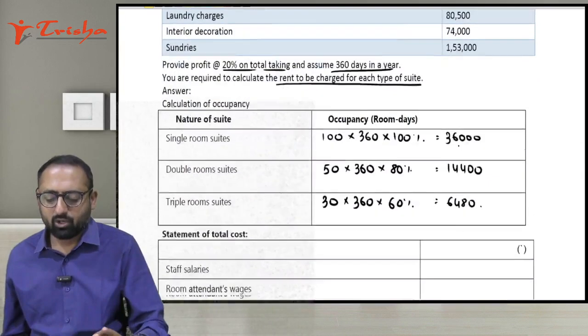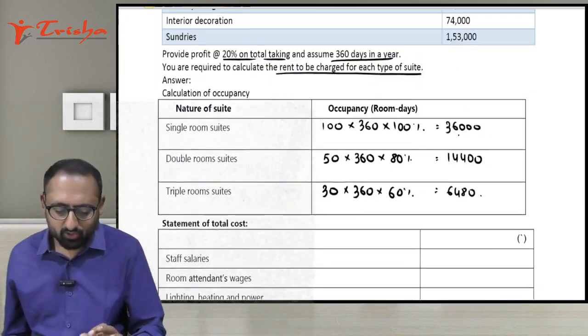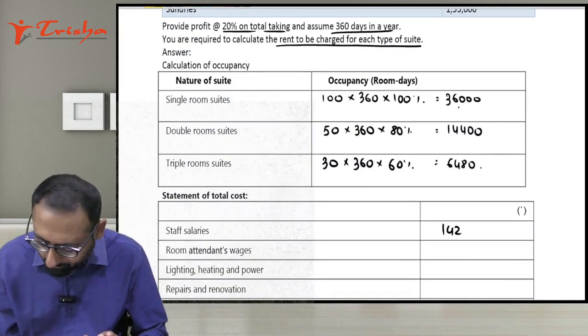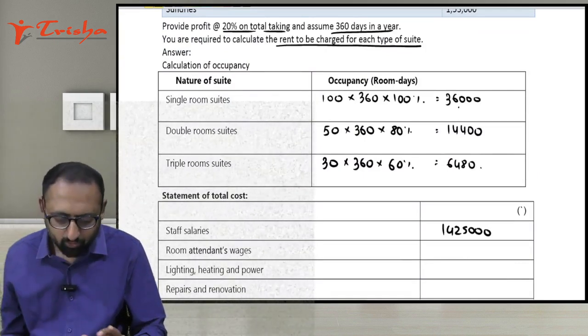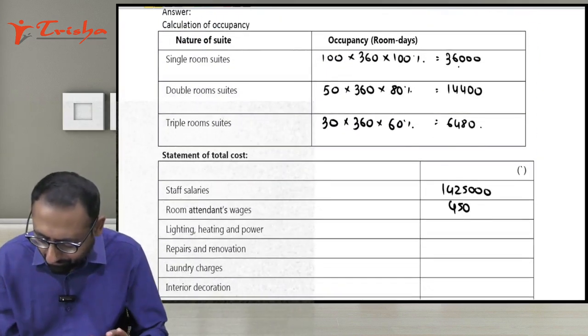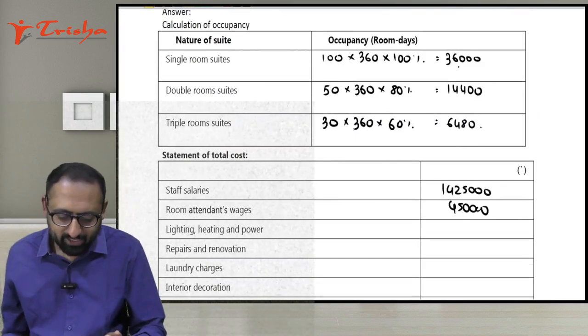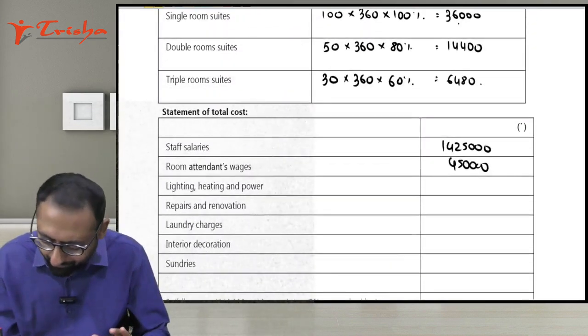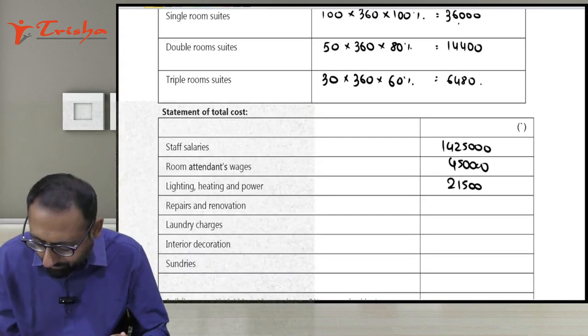Let's calculate all the costs. Staff salary is 14,25,000. Room attendant salary is 4,50,000. Lighting is 2,15,000.